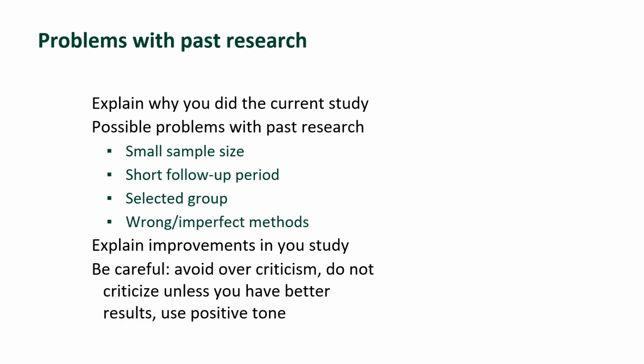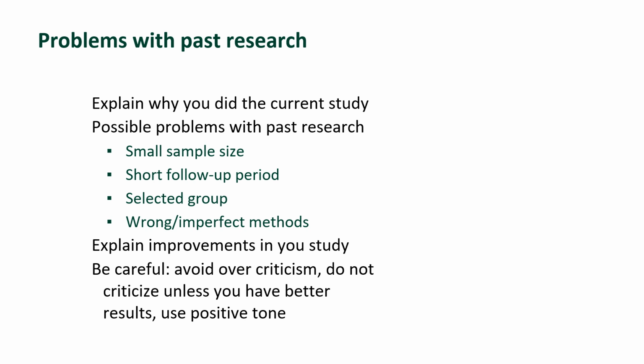But when you do that, you have to be very careful with the criticism. You have to avoid this, especially unless you have a better result. You have to use a positive tone, because the chance of the reviewer being the past researcher is also very high in most instances. They may not be happy, and that may lead to some unpleasant decisions on your manuscript.